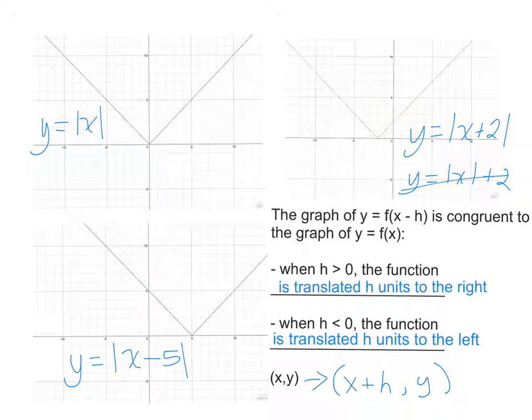It's x plus h and y for the mapping rule. But what you need to remember when you put that in there, if it says negative 5, you put the opposite in the mapping rule. So you write x plus 5. If it's x plus 2, like in this one on the right, you're going to put that in the mapping rule as x minus 2. So you put the opposite of what it tells you in the equation.